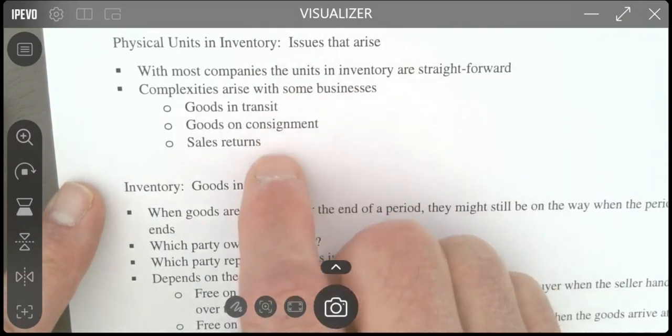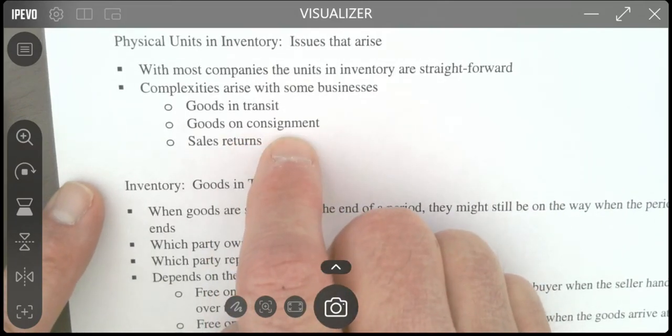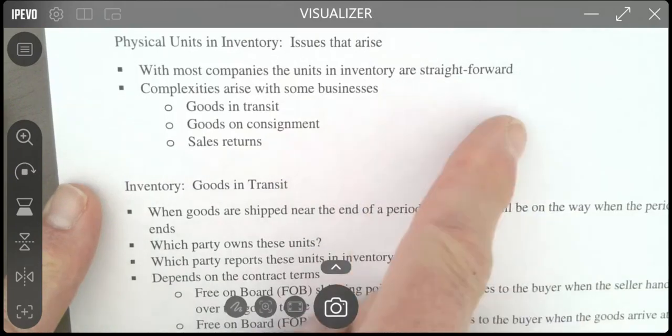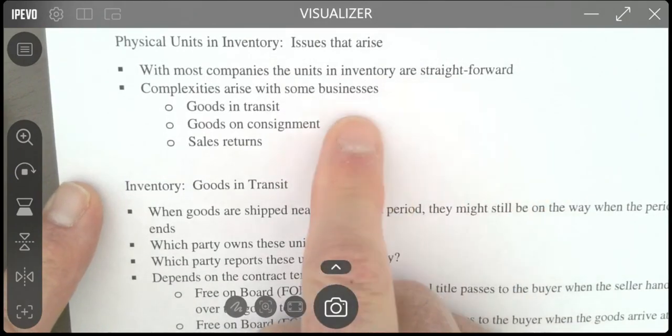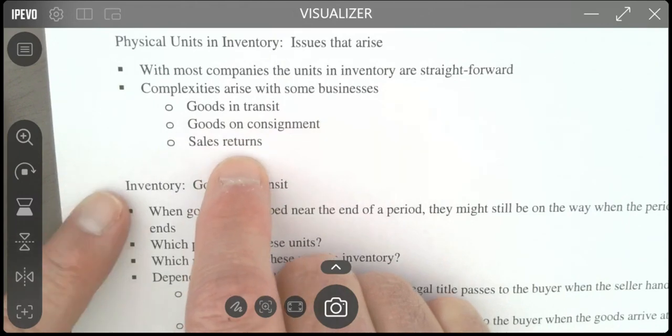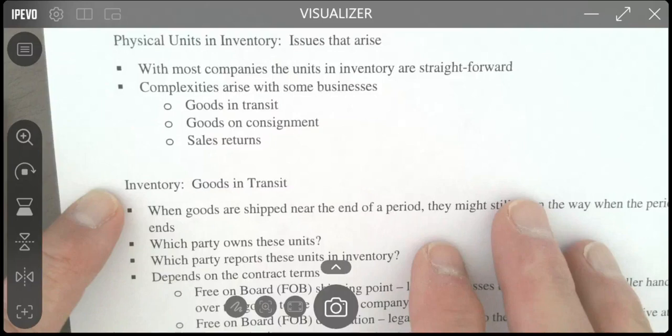We'll talk more about that. Goods on consignment. That means that it might be our inventory, but it's at someone else's place of business up for sale. And then sales returns. We spoke a little about this in the revenue recognition chapter.